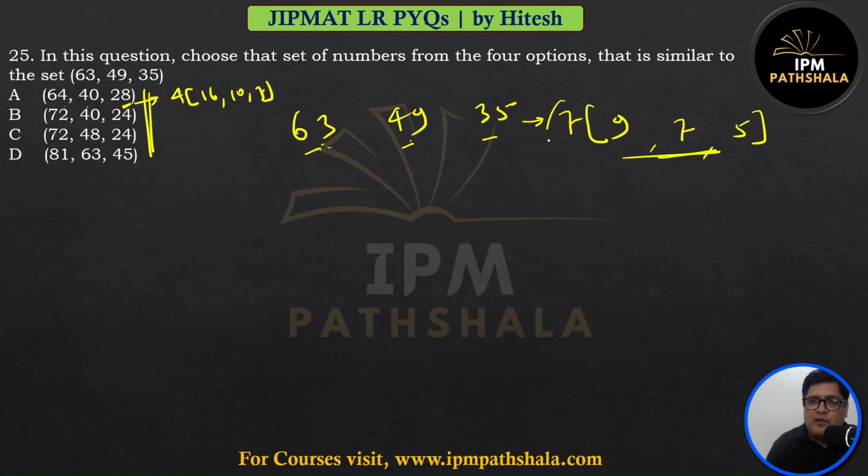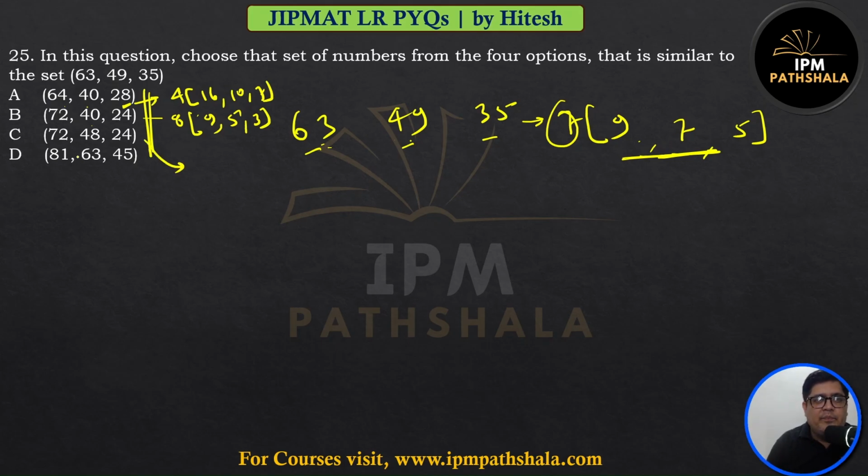Does not match. No 7 common. We don't have common brackets also. Here I have 8 common. See, if I take out 8 common, this is 8 into 9, 8 into 5, and 8 into 3. Somewhat closer. 9, 7, 5, 8 is common.